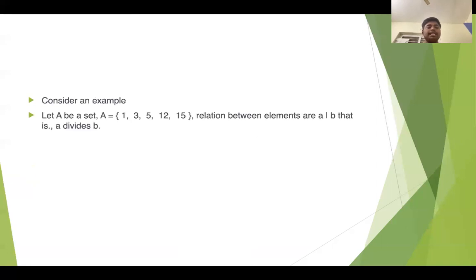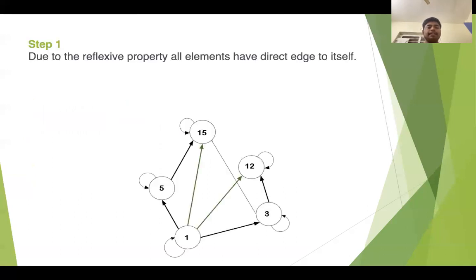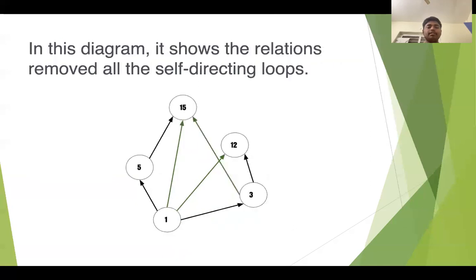Consider an example. Let A be a set, A = {1, 3, 5, 12, 15}. The relation between elements a and b means a divides b. Due to the reflexive property, all the elements have a directed edge to themselves. This diagram shows the relations with all the self-directed loops removed.